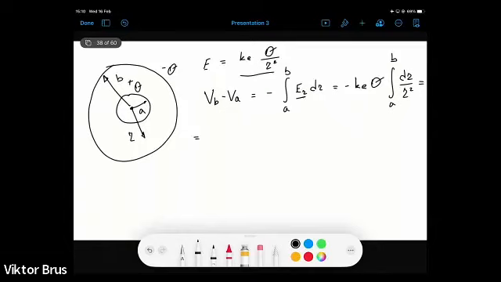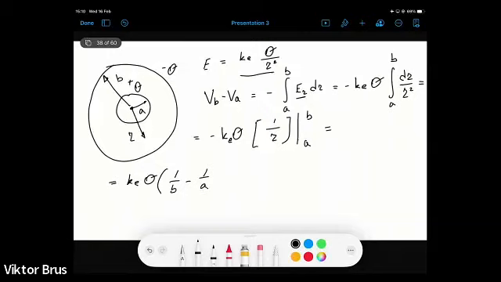So this integral will give us minus KeQ times 1 over r, in the range from A to B. So eventually we get KeQ (1 over B minus 1 over A), and it will be KeQ (A minus B) divided by A times B. So that is the expression for the potential difference between points of the first and second spherical electrodes.